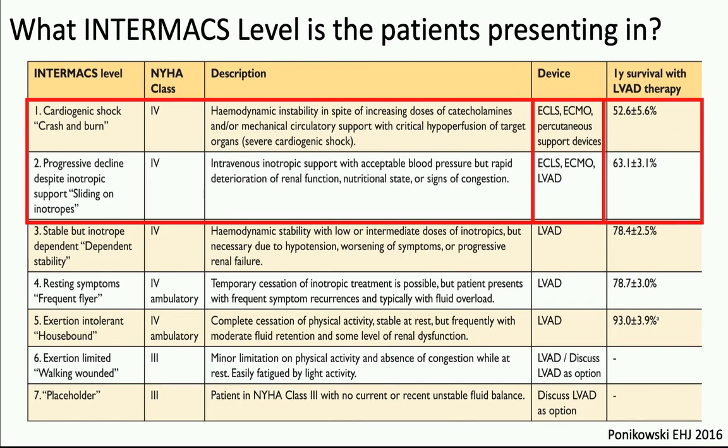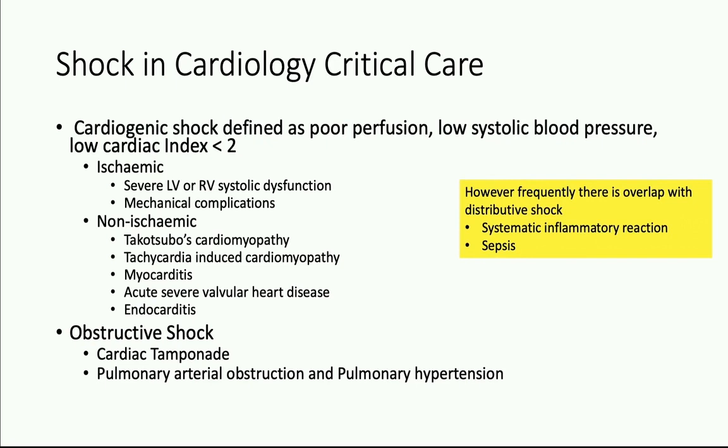INTERMACS level 2 are patients who are on inotropes, slowly sliding away into worsening cardiogenic shock. Again, these patients need to be shifted to a center where they can have mechanical circulatory support. Again, the survival rate of these patients is poor at 63%. The INTERMACS definitions are important to know and understand, and are a way of communicating with your referring colleagues in tertiary centers.